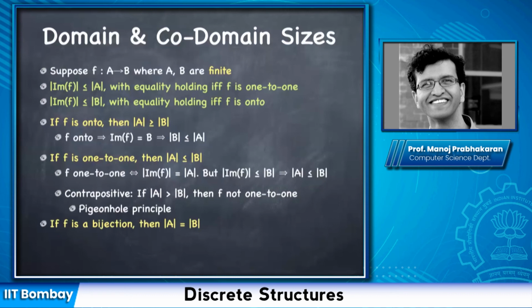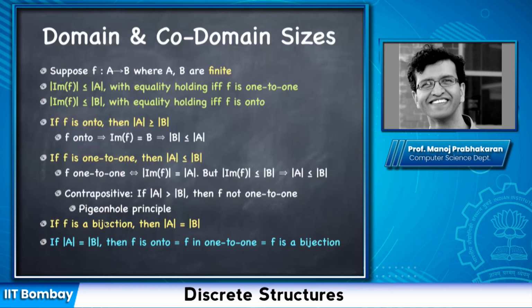If you put these two things together, f is onto and f is 1 to 1, that is to say f is a bijection. So if f is a bijection, both these things hold: size of A is less than or equal to size of B, and size of B is less than or equal to size of A. Therefore, size of A equals size of B. And in fact, if the size of A equals the size of B, all these different things we talked about, onto, 1 to 1, bijection, all mean the same thing.